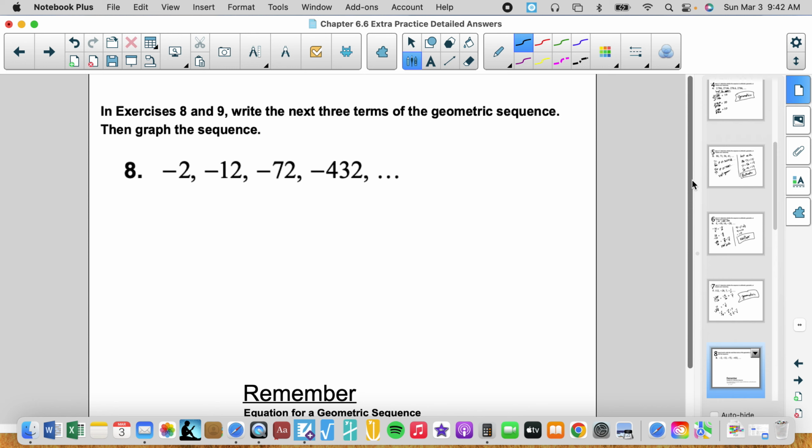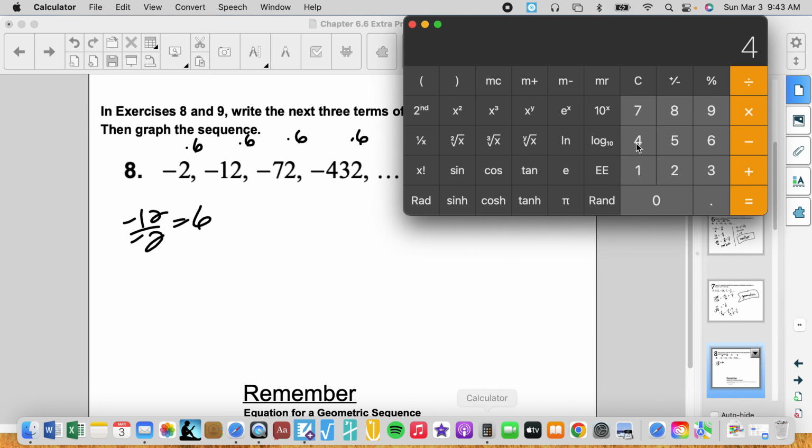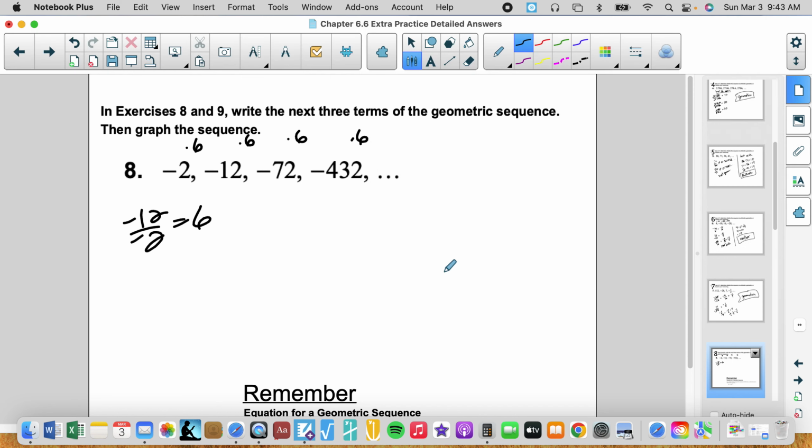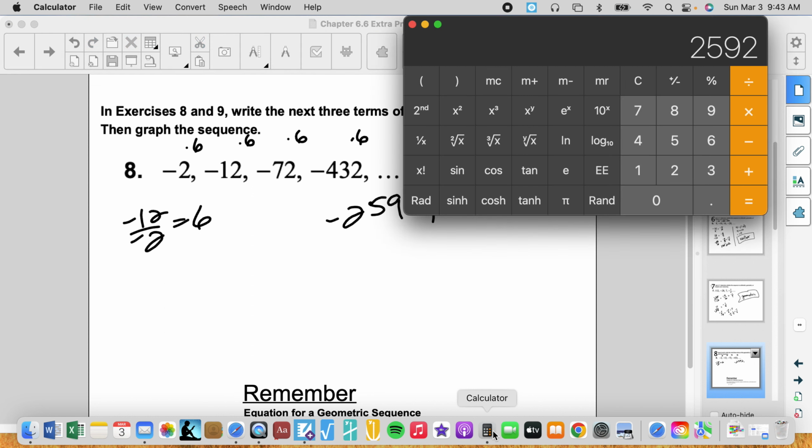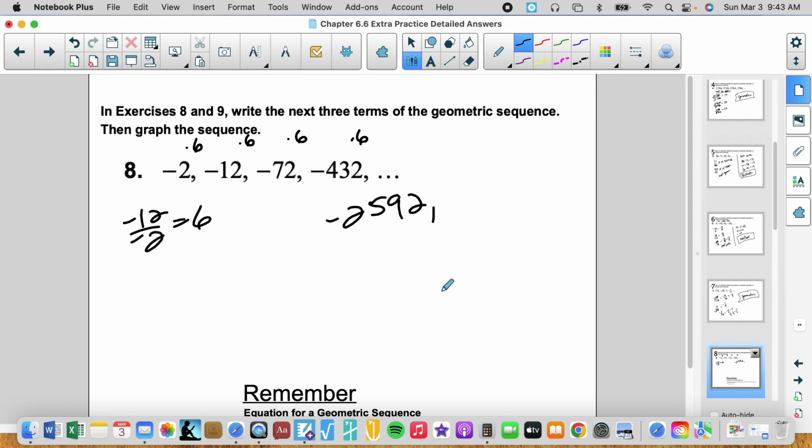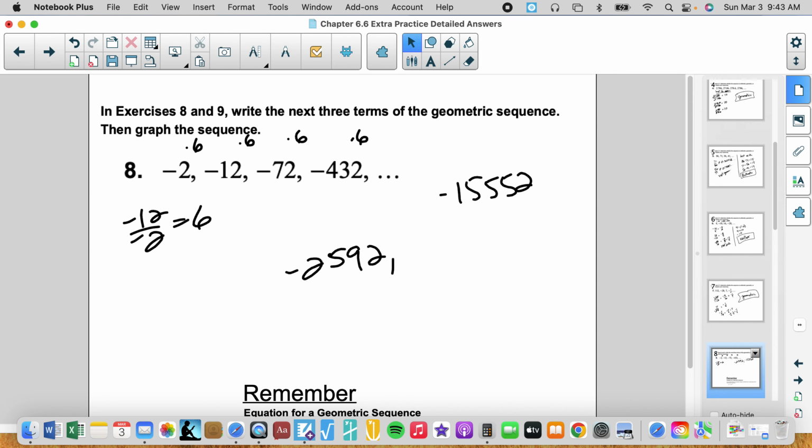Negative 12 over negative 2 equals 6, so we multiply by 6 each time. 432 times 6 is 2592, negative 2592 times 6 is 15552. Let's move those over.